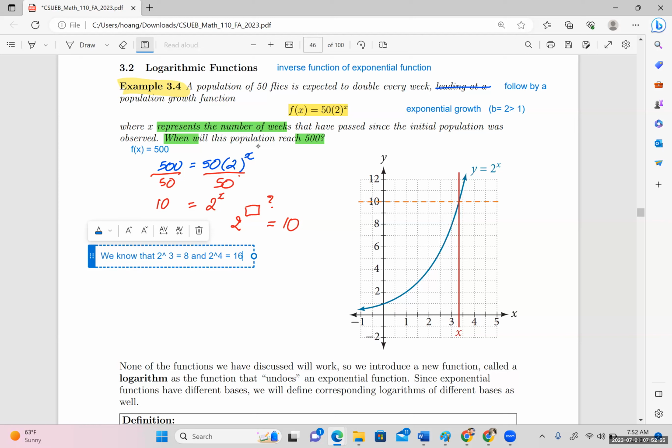So that means my power is supposed to be in between 3 and 4. So x must be a number in between 3 and 4.